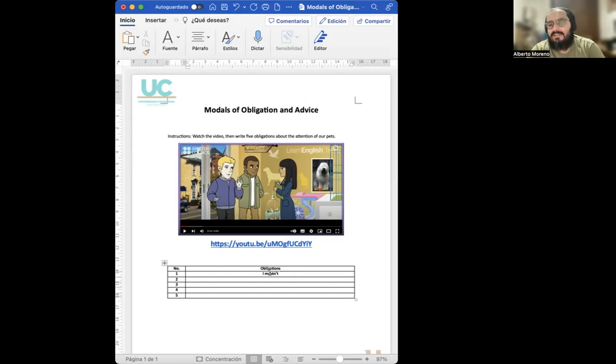Que sea sujeto, verbo modal, verbo principal y complemento. ¿Ok? No pasa nada. Las 5 oraciones que ustedes identifiquen, ahí me las ponen. ¿Ok? Bien. Y ya, es todo. Los guardan, no le pongan portada, no me le cambien el nombre, nada más lo guardan y lo suben de vuelta. ¿Ok? ¿Sí quedó claro?